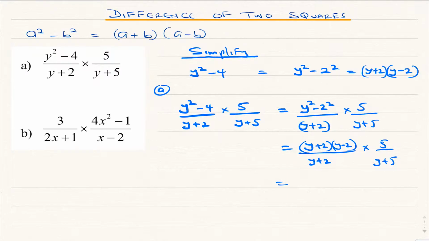And that will become, well, y plus 2 here, we cancel y plus 2 there. So you get y minus 2 times 5 over y plus 5.